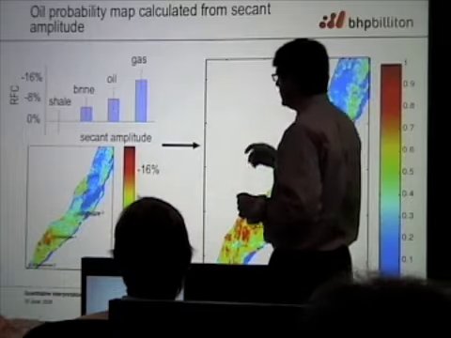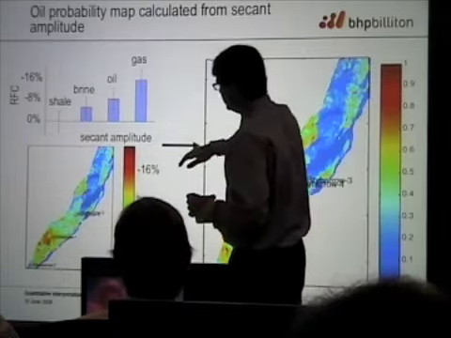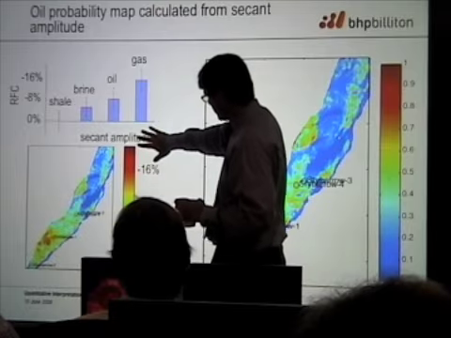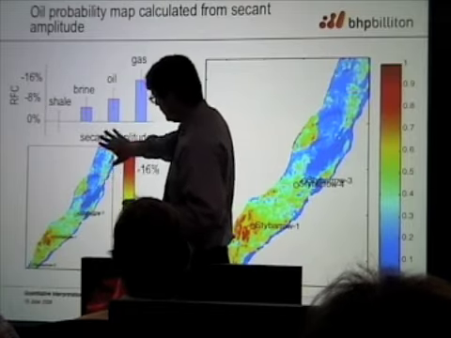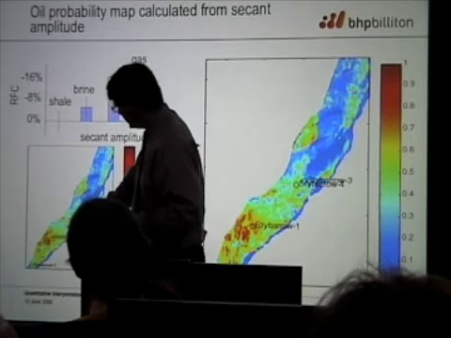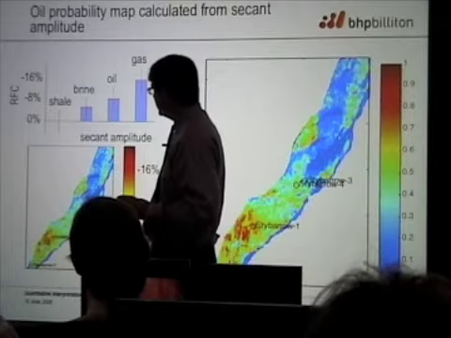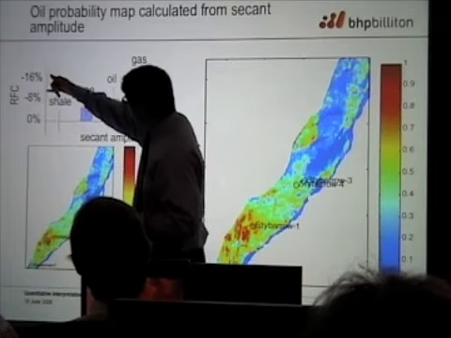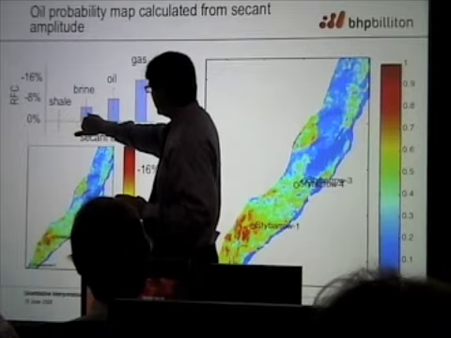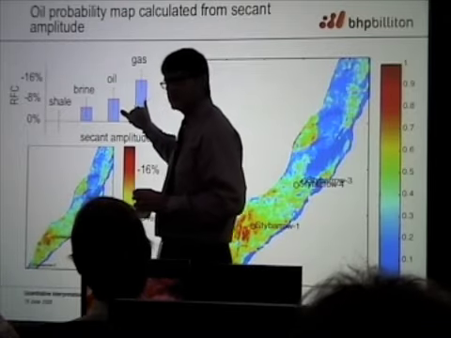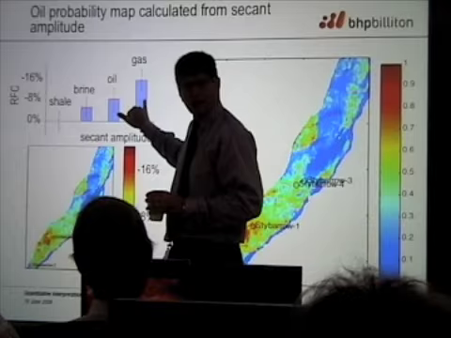And then once we get these extracted secant amplitudes, we compare these secant amplitudes in terms of reflectivity to what the model reflectivities are for each of these cases, and this is the result of your last exercise.